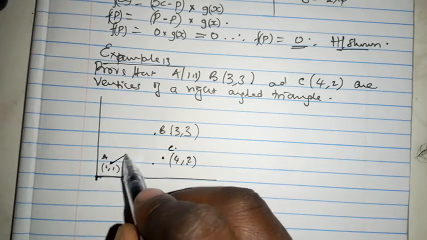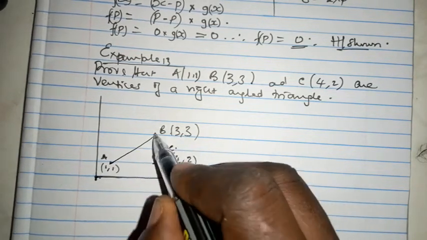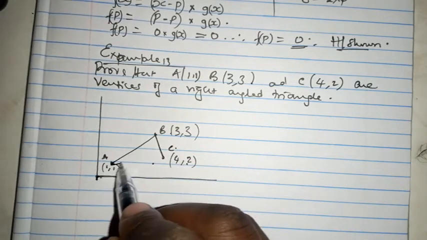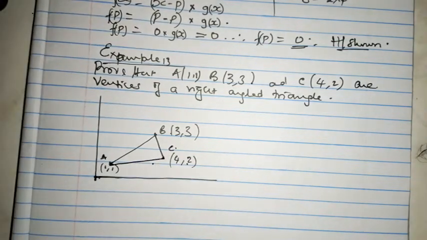So we have that line, that line, and that line. We are supposed to prove that these are vertices of a right angled triangle.